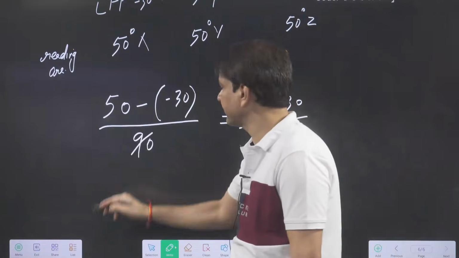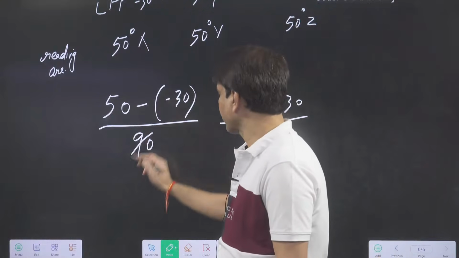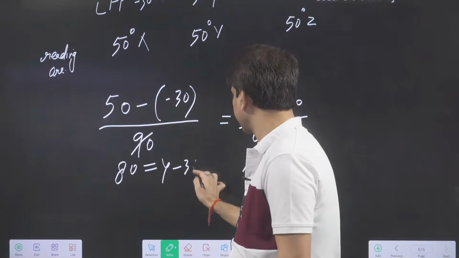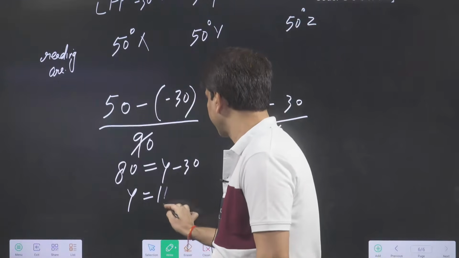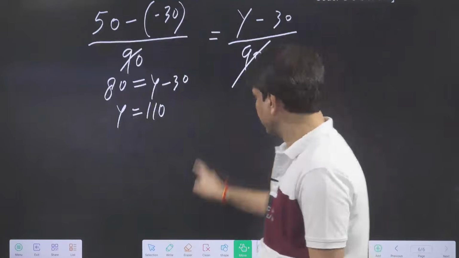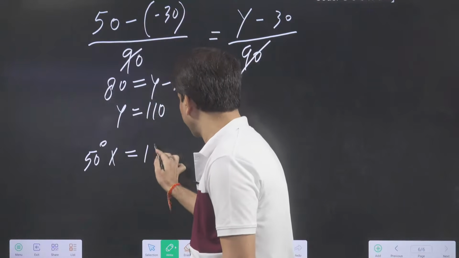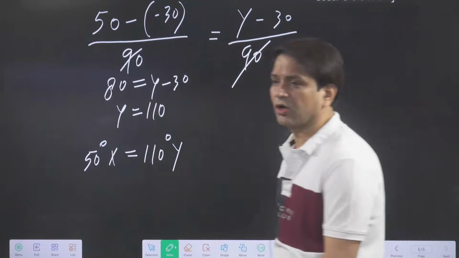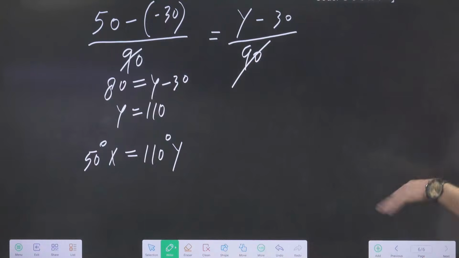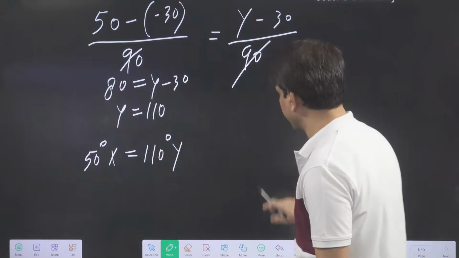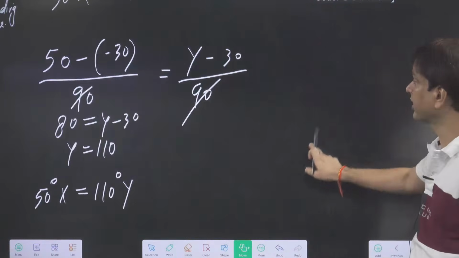Now 90 cancels out. 50 minus minus 30 means 80. 80 is equal to Y minus 30. Then Y you got is 110. It means 50 degree X is equal to 110 degree Y. So I got 50 degree X in Y: 110. Then Y is already, we know, 50 degree Y. No need to convert that. It is already Y.